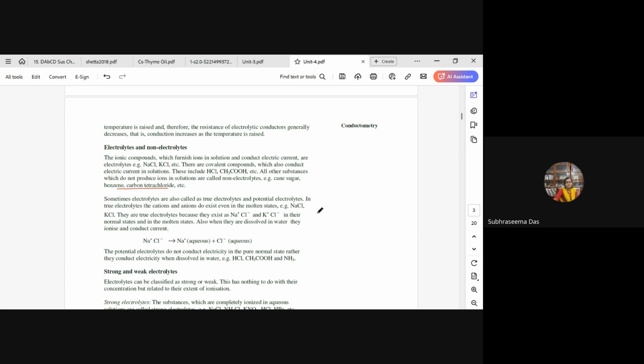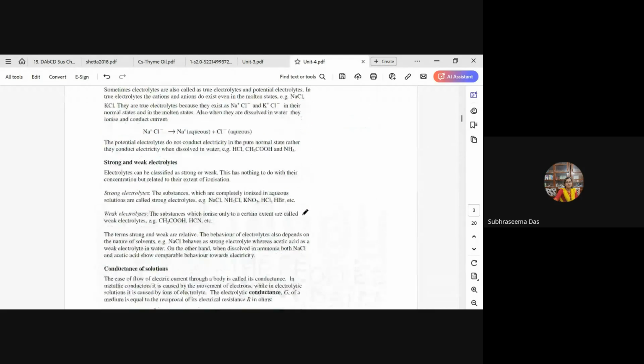The potential electrolytes, on the other hand, do not conduct electricity in the pure normal state, but they conduct electricity when they are dissolved in water, like HCl and acetic acid. So when these are dissolved in water, they conduct electricity. That is why they are called potential electrolytes.